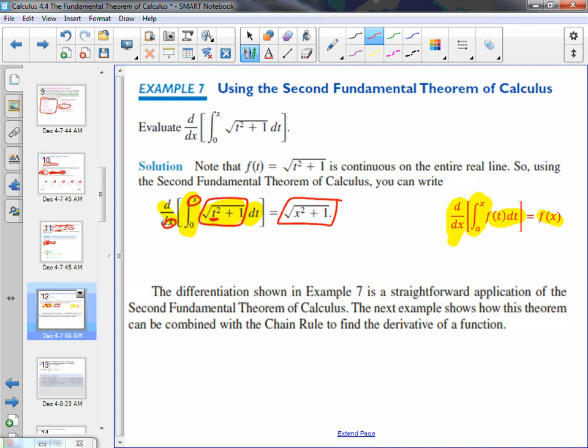It wouldn't change anything. Like if there was a 3 there, then if f of t is 3 times the square root of t squared plus 1, f of x would be 3 times the square root of x squared plus 1. Even if you could factor it out, don't factor it out, because then we'd have to use the product rule.